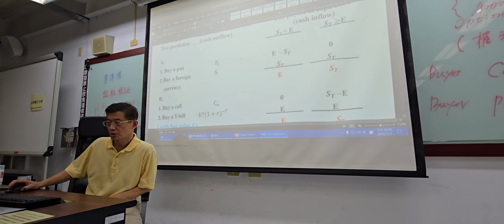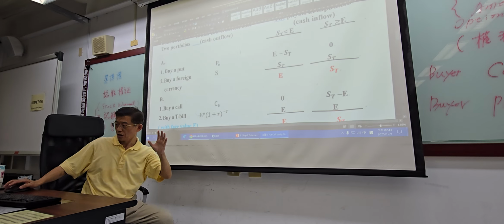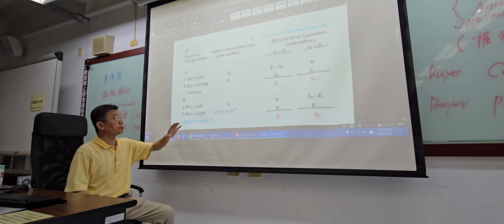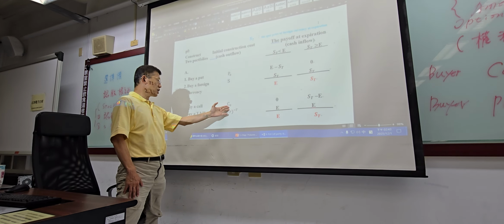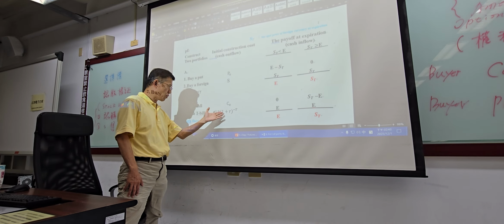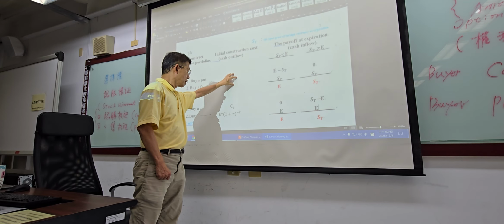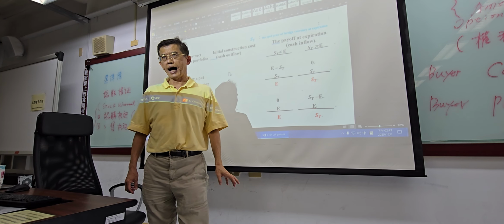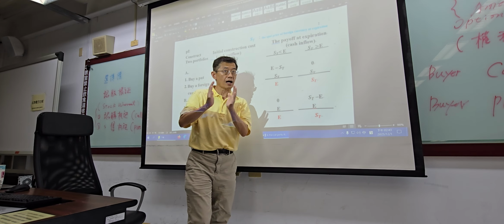The initial portfolio construction cost for portfolio A is P sub E plus S. And the initial construction cost for portfolio B is C sub E plus capital E times 1 plus R to the power of minus T. They should be identical, because their payoffs at expiration are identical.